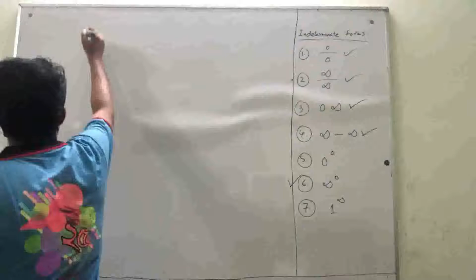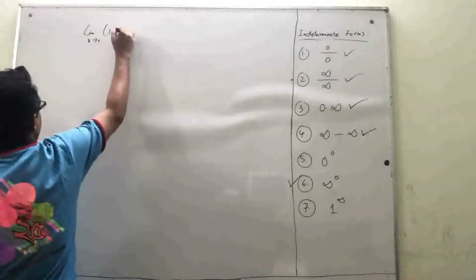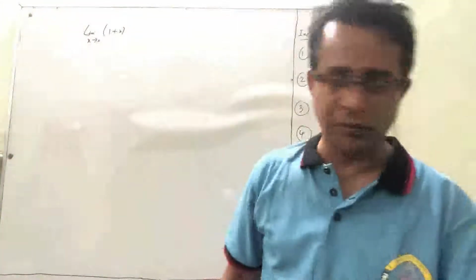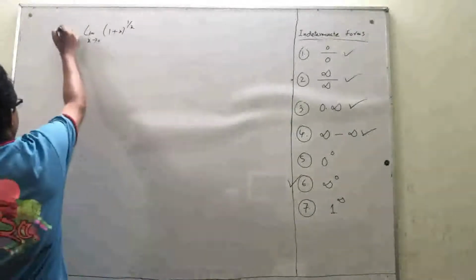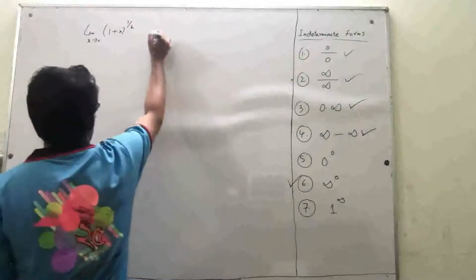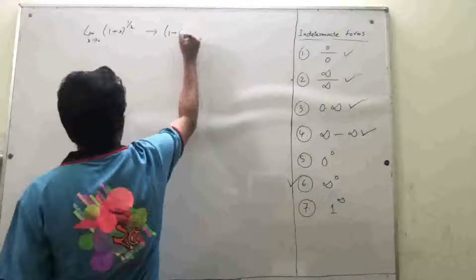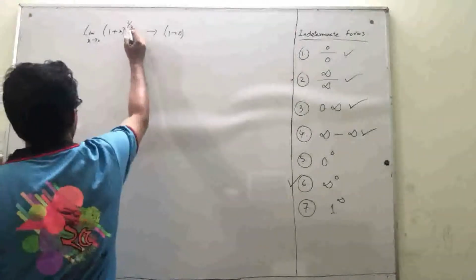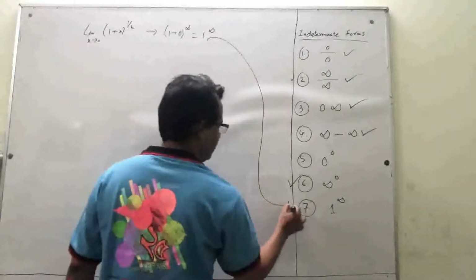Limit x tends to 0, (1 plus x) whole power 1 by x. If we check the value of the function at x equal to 0, we get 1 plus x equal to 1, and the power 1 by 0 is infinity, that is 1 to the power infinity, another indeterminate form.